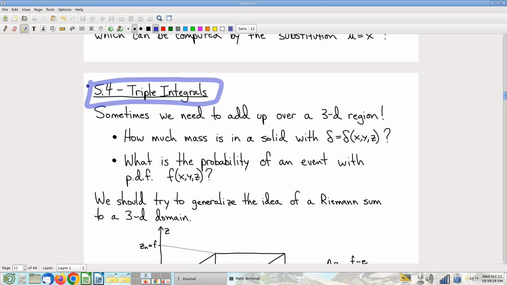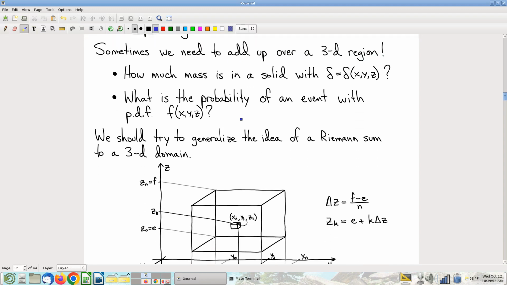Double integrals, recall, were about taking a domain, chopping it up into little pieces, and then adding up easy answers on those little pieces. So chop it up, add it up on a two-dimensional domain. Triple integrals are really just chop it up, add it up over a three-dimensional region instead of a two-dimensional region. And everything sort of changes accordingly, but it's strategically the same idea.